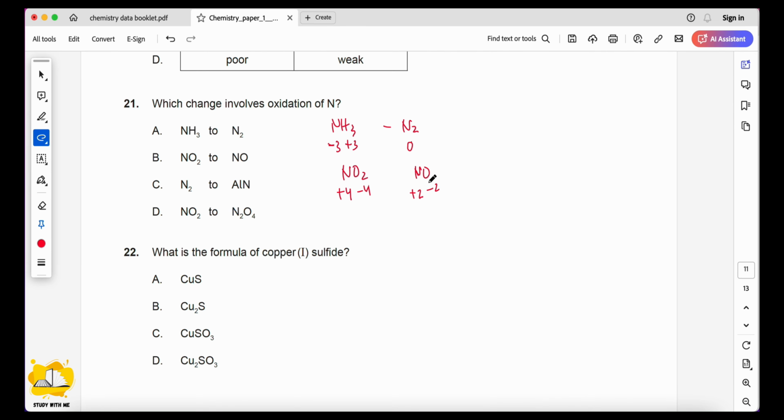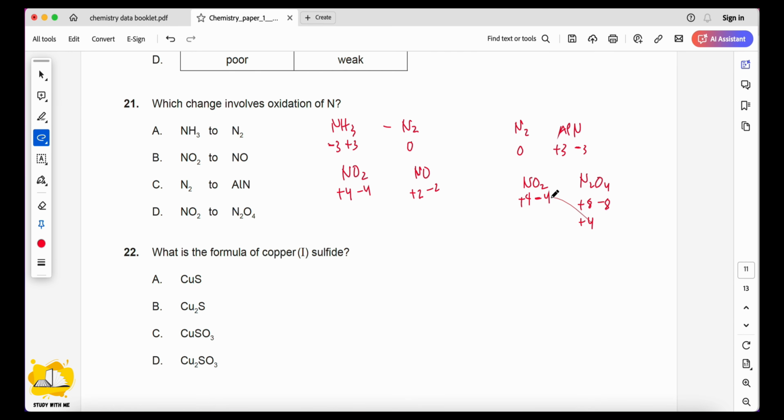so this is plus 2. And for N2 and AlN, I will start with Al plus 3, so N is negative 3, and N2 is 0. And for NO2 and N2O4, negative 8 plus 8, but N2, so for one N it is plus 4, this one negative 4, and then plus 4.